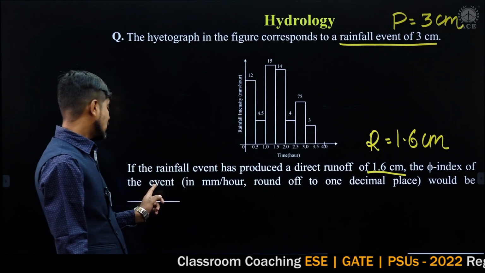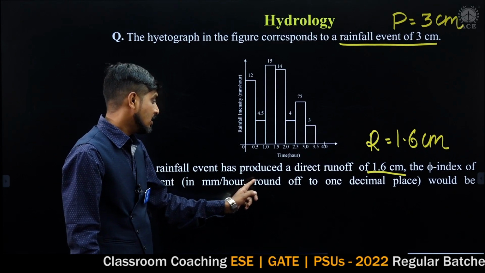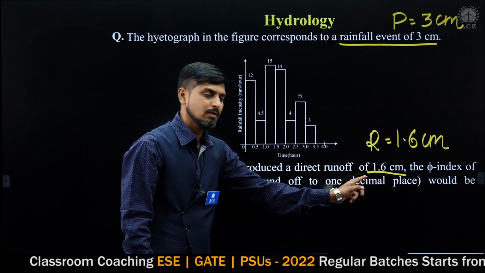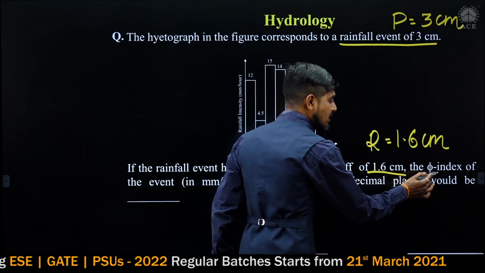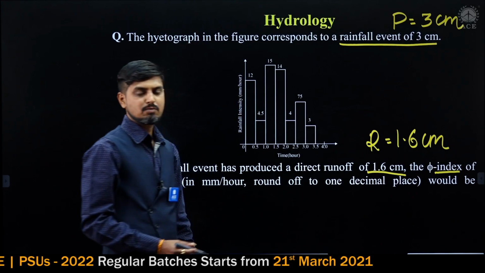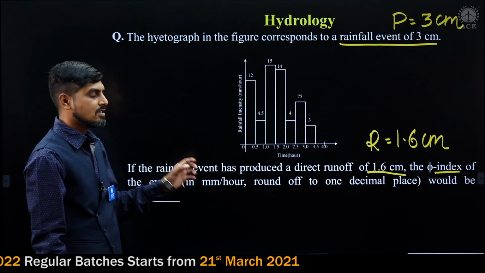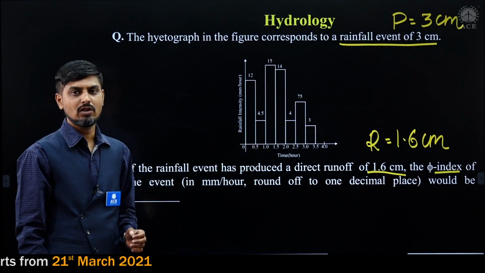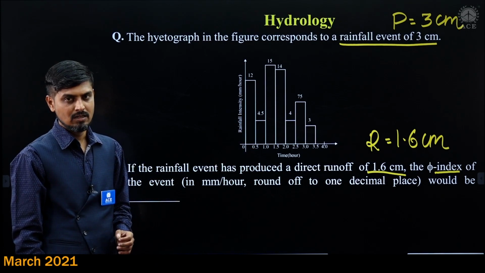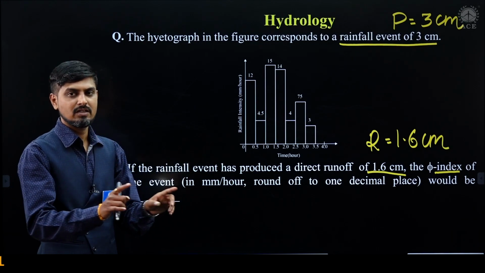The phi index of the event in mm per hour, round off to 1 decimal place. So what you are supposed to find out is the phi index for this problem. As this is a problem related to non-uniform rainfall, we are supposed to go for the trial and error method. For that, first let us prepare the table.